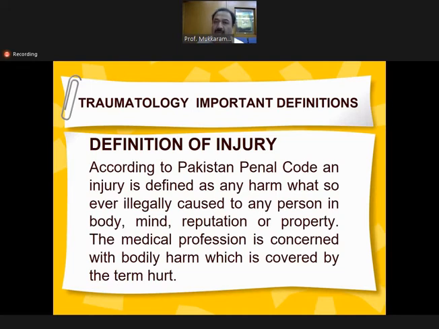This itlaf al-udu is, as the name suggests, when any part of the body is having an injury, or when it has been detached from the body, maybe a hand is being cut because of some injury, because of some accident. That was itlaf al-udu.